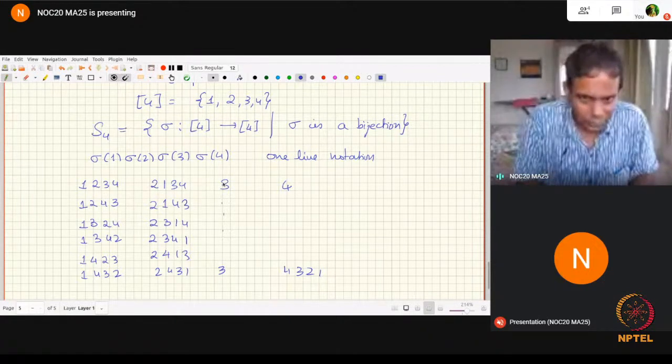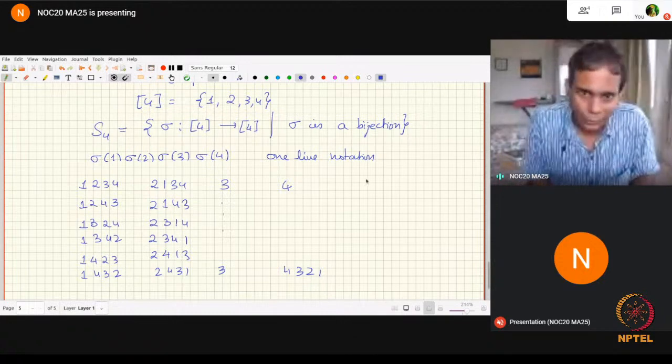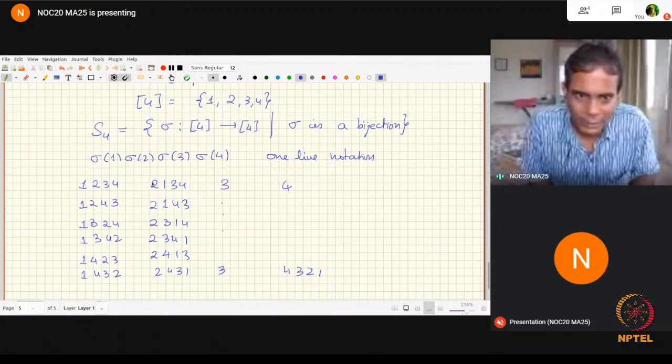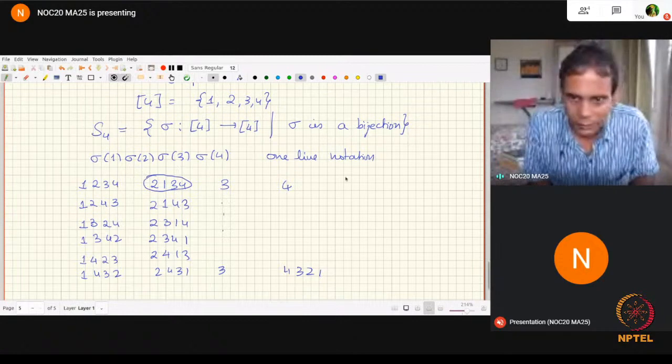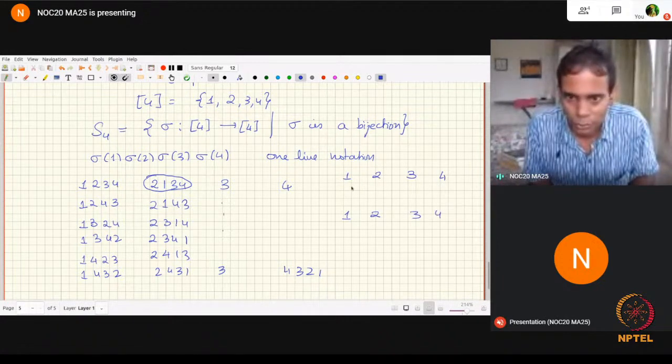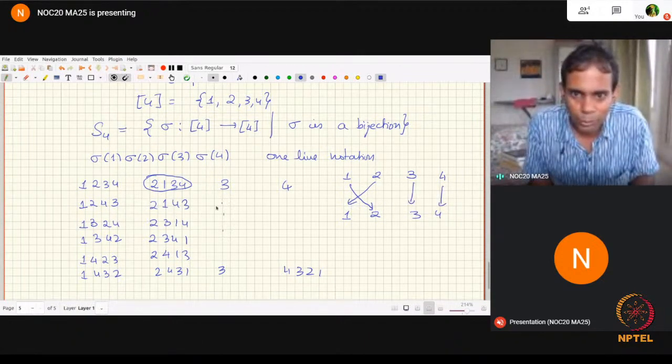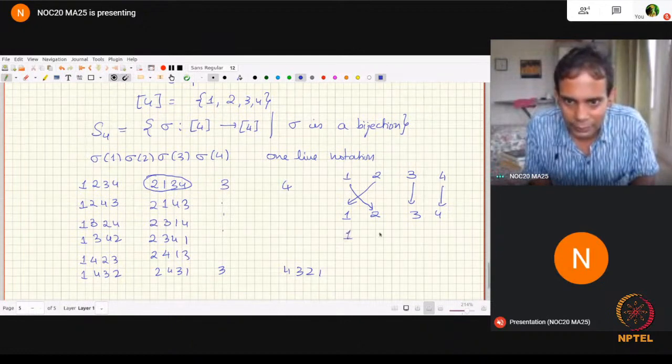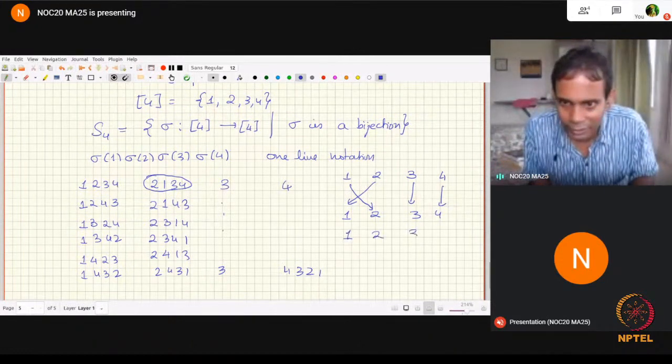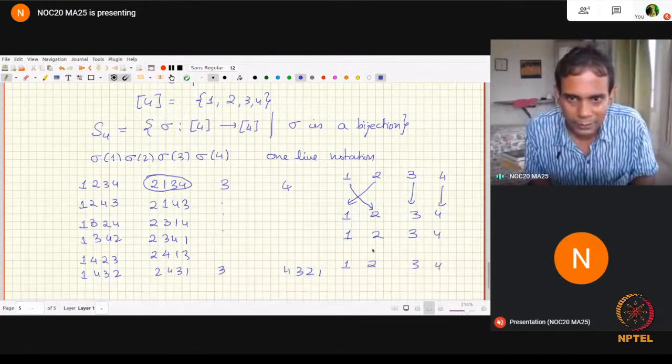So for multiplication, the notation that is most useful is the arrow notation. For example, let's take this element 2, 1, 3, 4, and write it using arrows as follows. So 1 goes to 2, 2 goes to 1, 3 goes to 3, and 4 goes to 4. And suppose we want to compose it with 2, 1, 4, 3, then we will again write this. I've explained this in the lectures already in great detail, so I'll just quickly tell you, you just follow through the arrows.